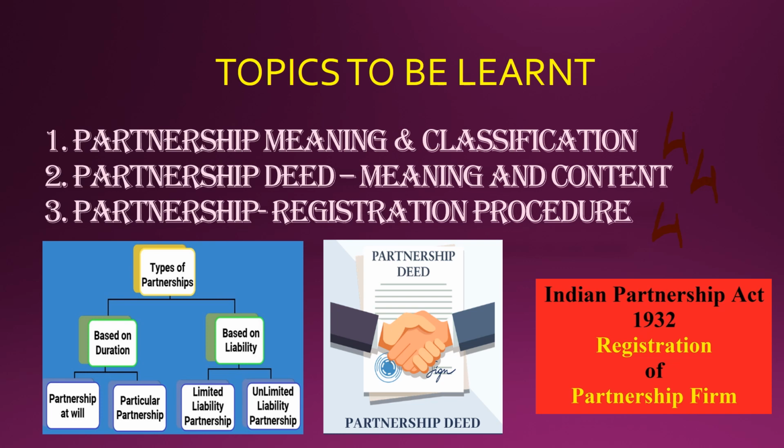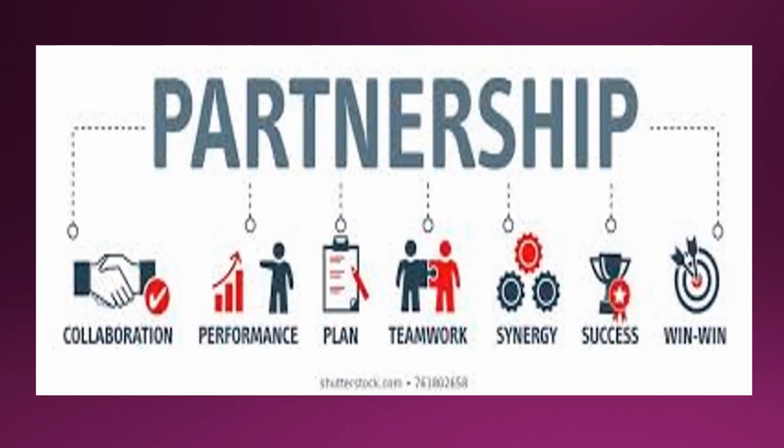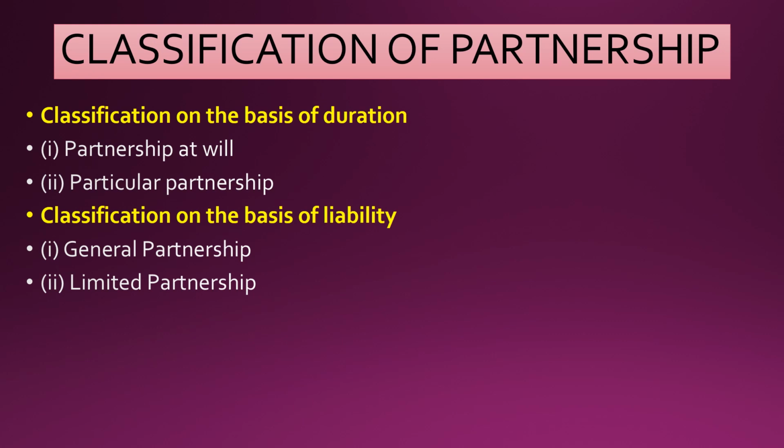As you see, we have partnership, the meaning and the classification. What exactly are we going to be learning in this? Partners are people who agree to come together, sharing the profits and losses, but here we have classification in partnership.